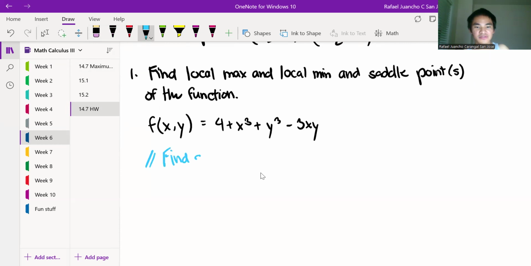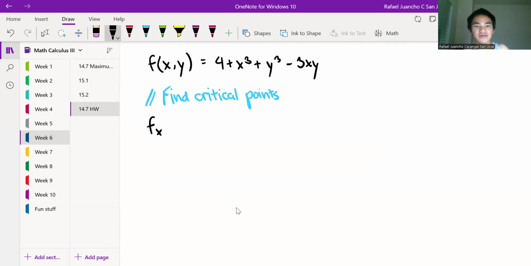I find critical points, right? So I get their f sub x and f sub y. f sub x is 3x squared minus 3y. f sub y is 3y squared minus 3x.